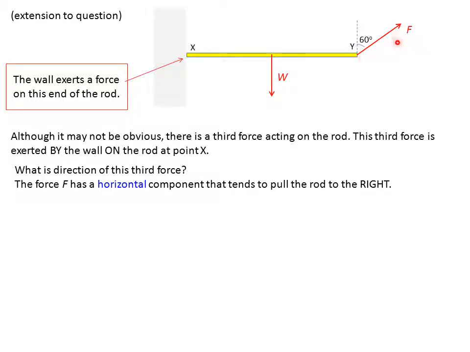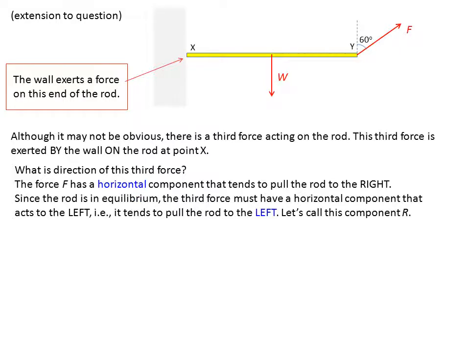Very obviously, this force F will tend to pull the rod to the right, and we notice that the rod is not moving, it is in equilibrium, right? So since there's a force that is trying to pull the rod to the right and the rod is not moving, it is in equilibrium, the third force exerted by the wall on the rod at this end must have a leftwards component, right? So this force must look like this, right?